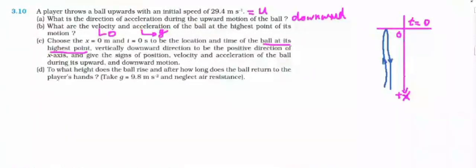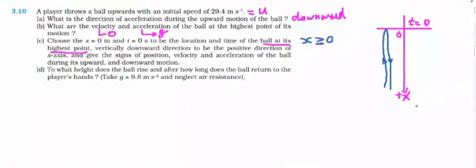And if you take this one as positive axis and this point is 0, that means position is always either positive or 0. Therefore, we can say position x is either greater than or equal to 0. Remember, downward axis is taken as positive axis in the question. That you have to see very clearly.